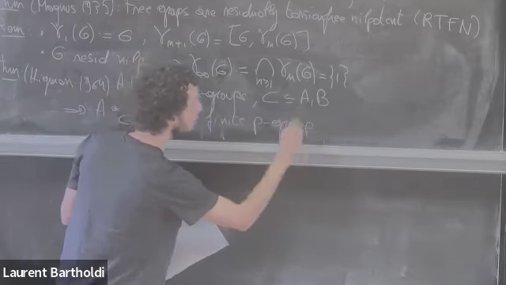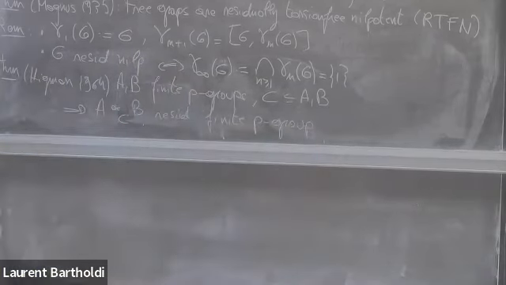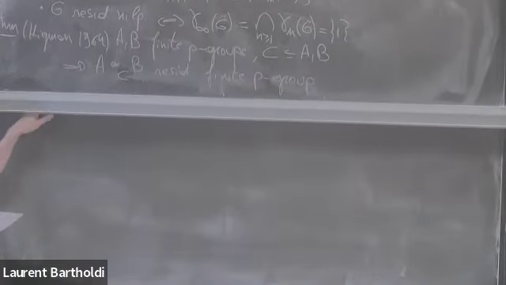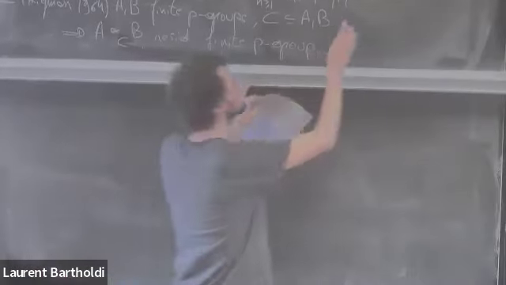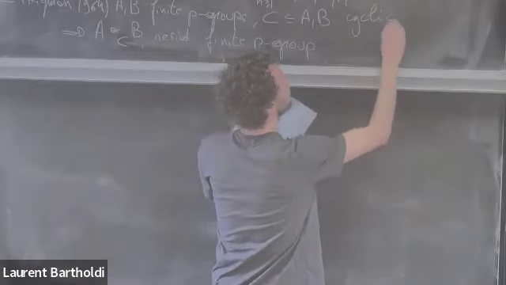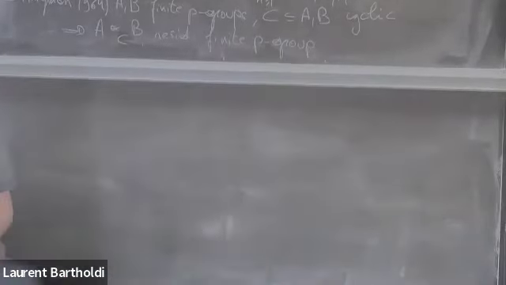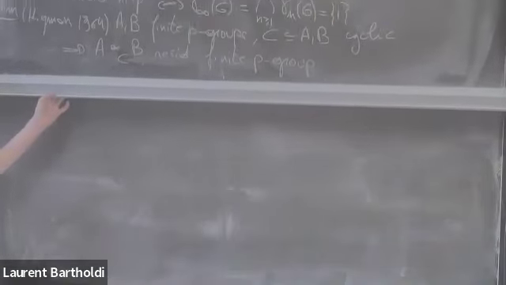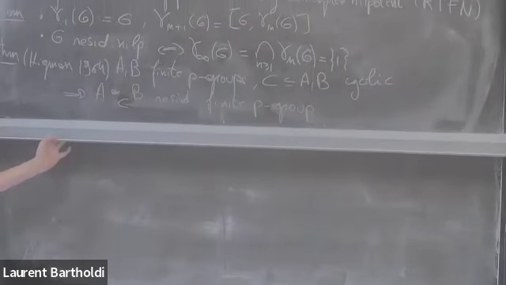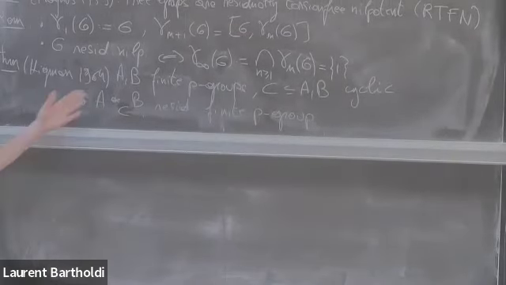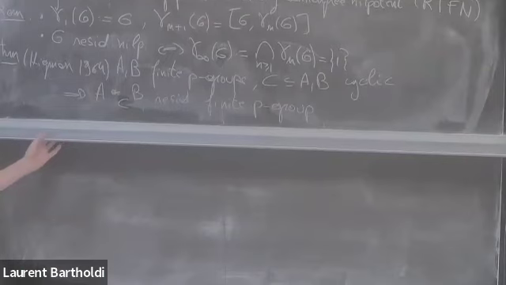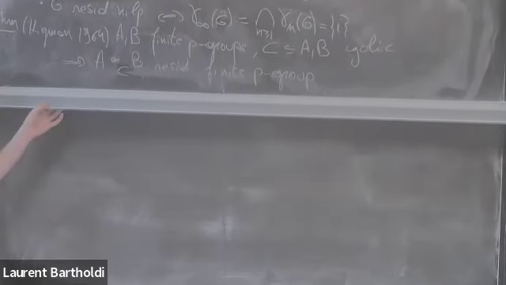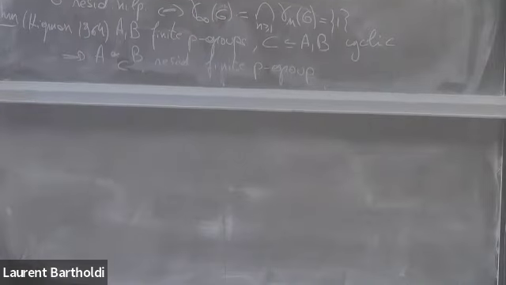Now I will not tell you exactly what this necessary and sufficient condition is, but I will just put one sufficient condition: when C is cyclic, then this amalgamated product will be residually a finite p-group. But you have a characterization, and could you please remind what a possible example is when this group is not residually p?